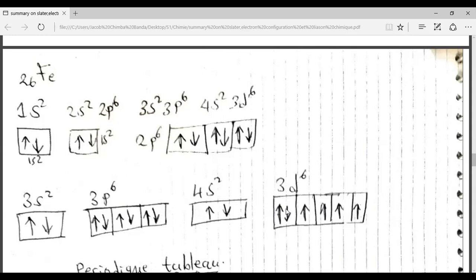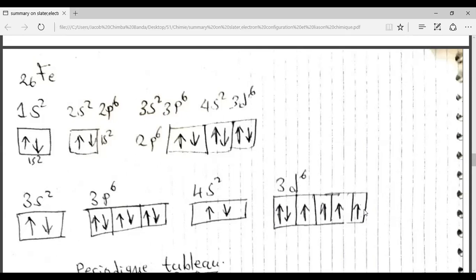That's how you fill. For this one, you know that it has only one orbital. Under D, you have this one which already has a partner, and these which are célibataires, still single.